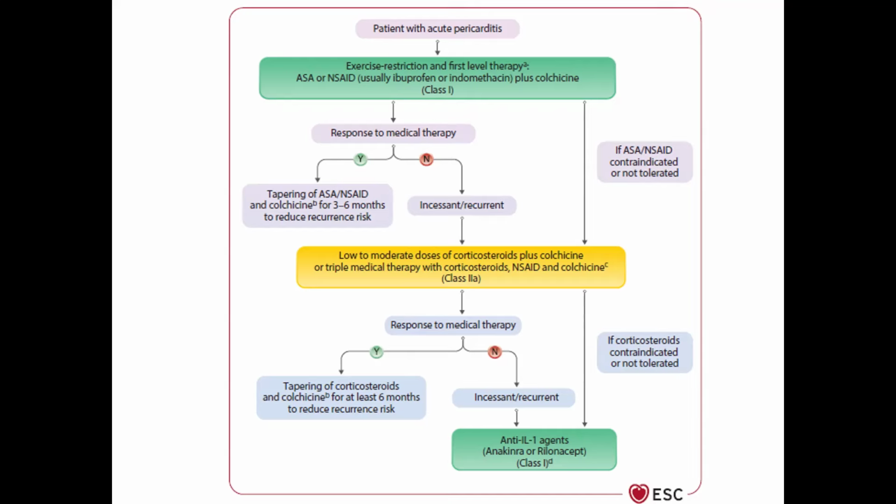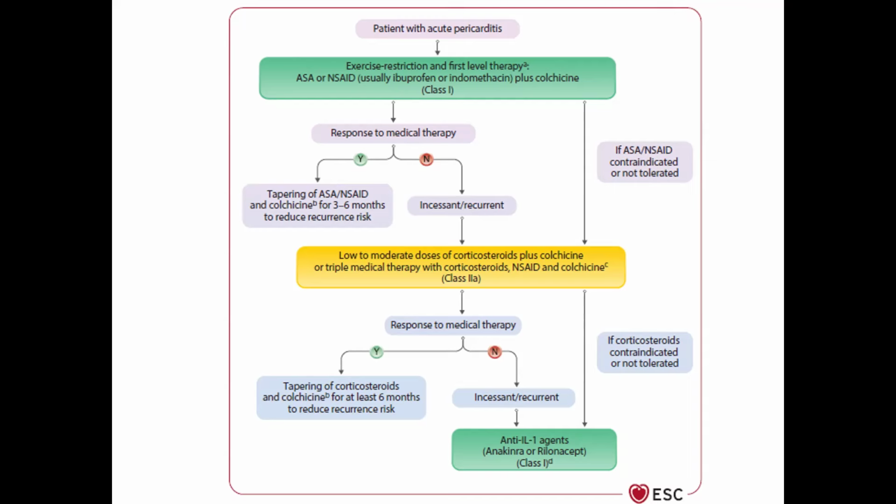If the patient in 2 weeks did not respond to treatment, he's likely to have incessant and recurrent pericarditis. This is an ongoing inflammation. So low to moderate dose of corticosteroid plus colchicine, or even, we said, triple therapy, which is non-steroidal, steroid and colchicine.